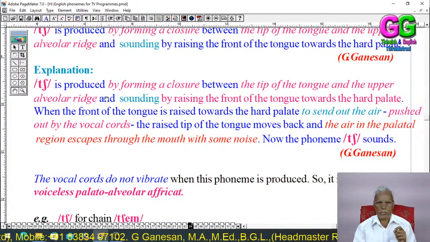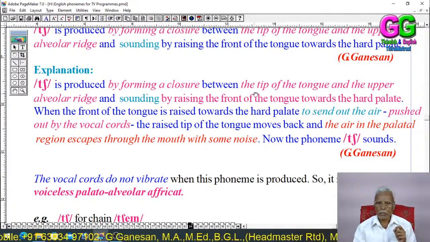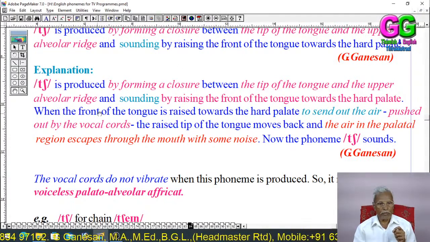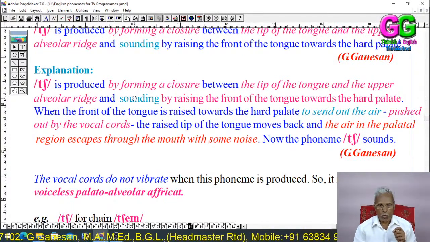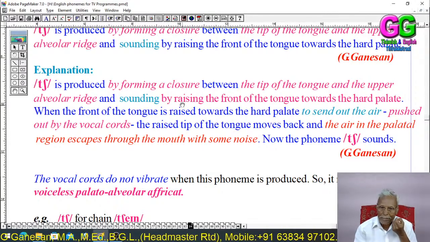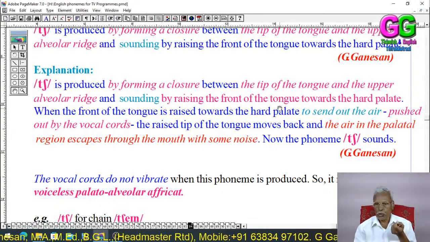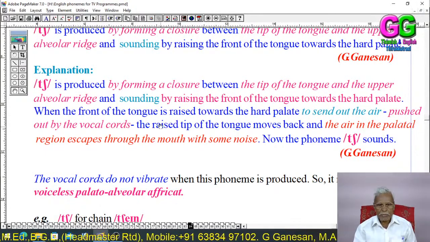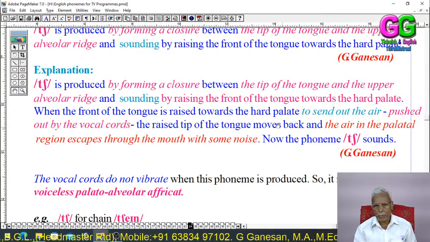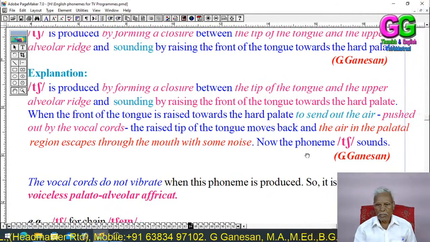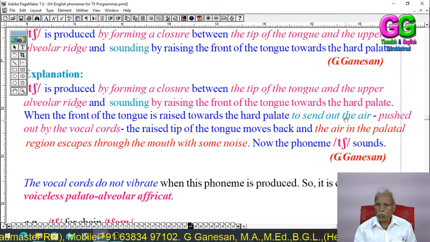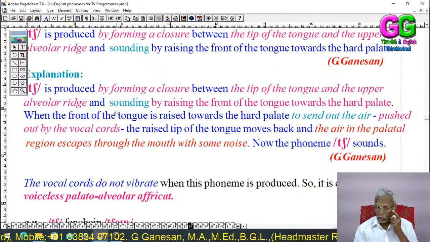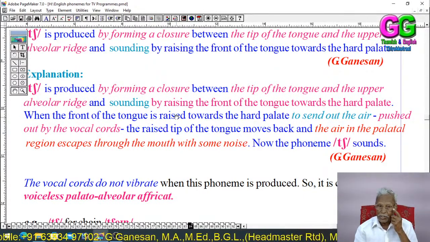Each is produced by forming a closure between the tip of the tongue and the upper alveolar ridge, and sounding by raising the front of the tongue towards the hard palate.